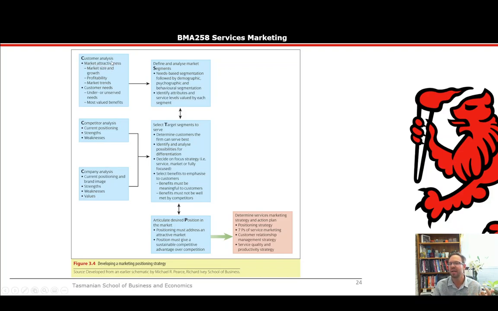So if we're analysing who our customers are within the marketplace, what is the market attractiveness? Like, what's the market size? What's the growth, the potential in that market? What's the profitability within those market segments? What are the trends? So where we're at now, but where are we likely to go in the future? Our customer needs, those that are under or unserved needs, and then also the most valued benefits.